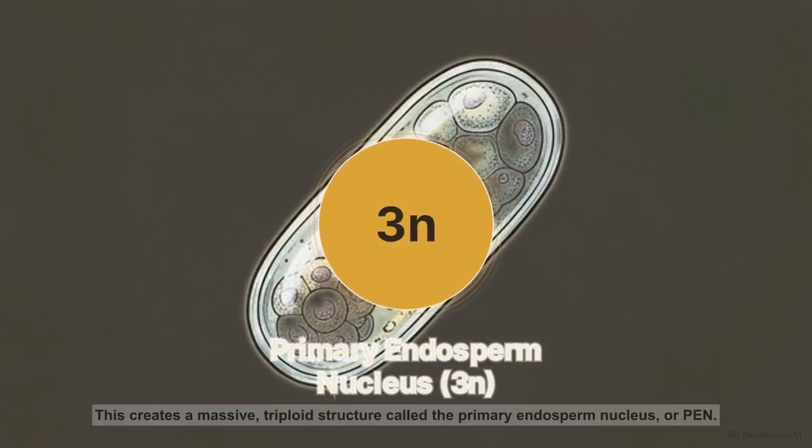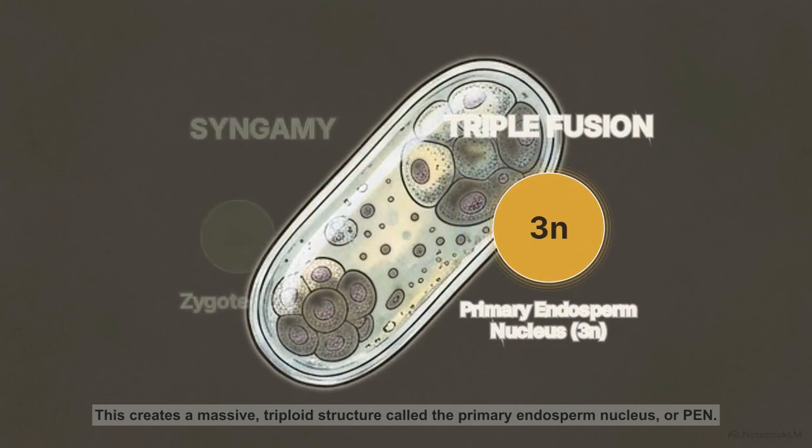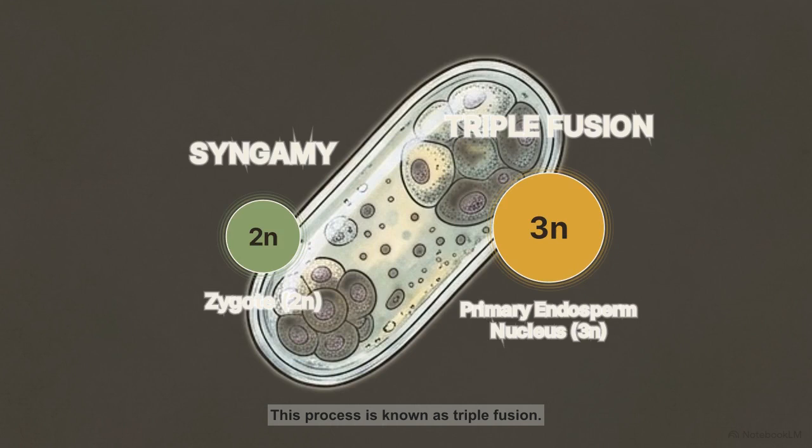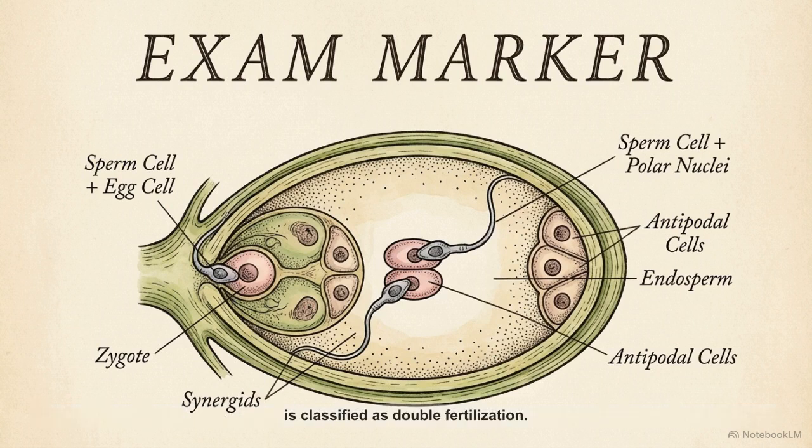This creates a massive triploid structure called the primary endosperm nucleus, or PEN. This process is known as triple fusion. Because syngamy and triple fusion occur simultaneously within the same embryo sac, this phenomenon is classified as double fertilization.